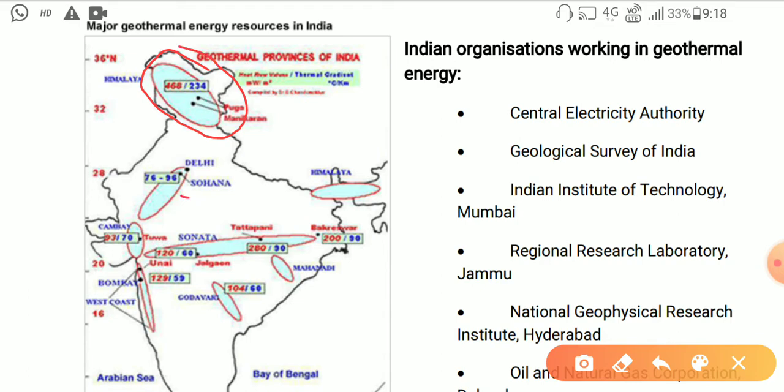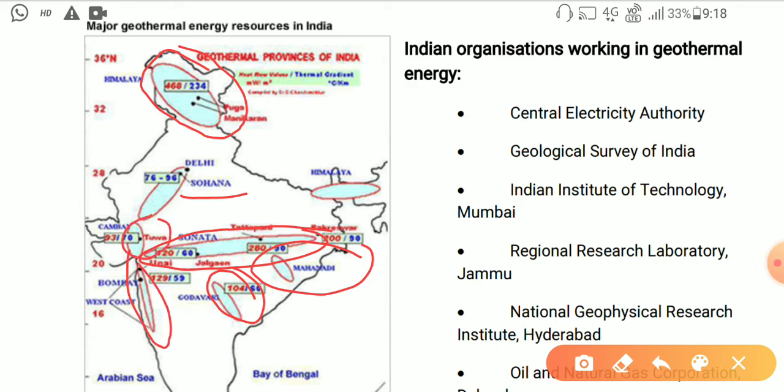These are the Sohana. The portion in the middle is Sonata, this is Godavari, then this is the Mahanadi, this is the east coast, and this is defined as the Cambay. So these are the sections from where our energy department has identified that the maximum energy can be extracted.